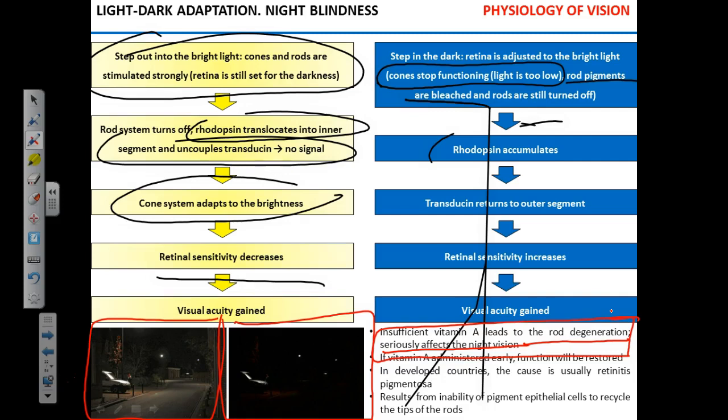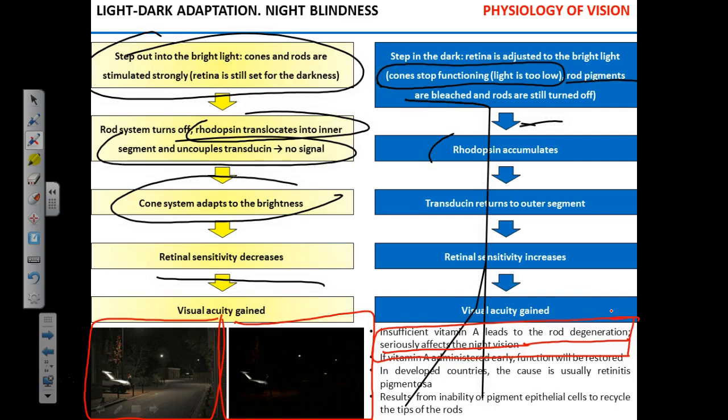So in developing countries, the condition, night blindness, is often associated with a deficit of vitamin A, which can be found in carrots and other foods. It's a fat-soluble vitamin, so if you eat your carrots, eat them with sour cream or any other oily substance to increase the absorption of that fat-soluble vitamin.